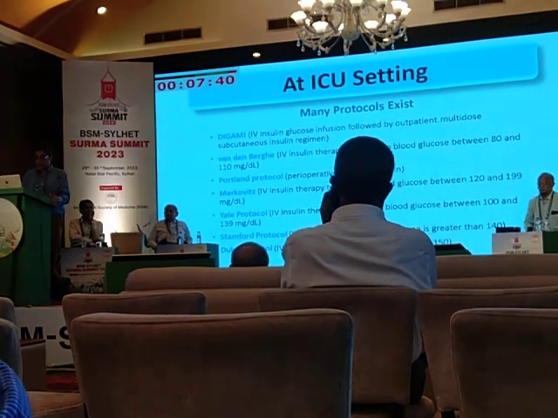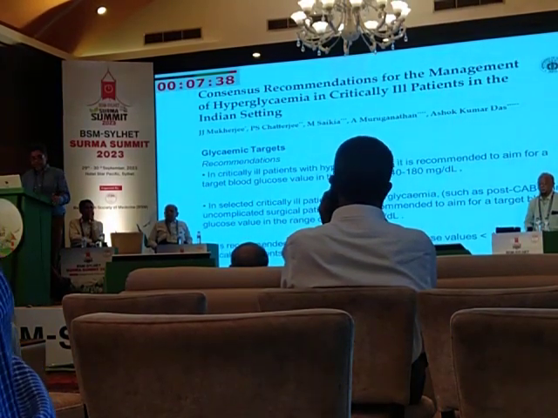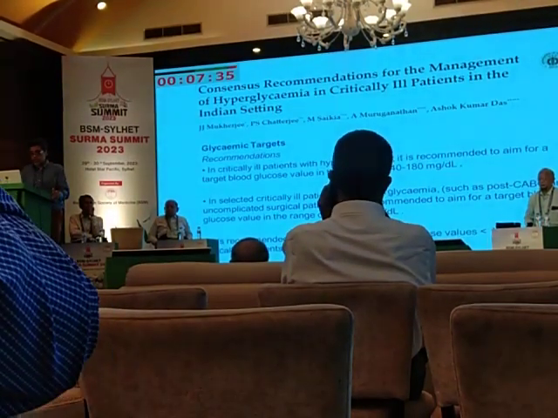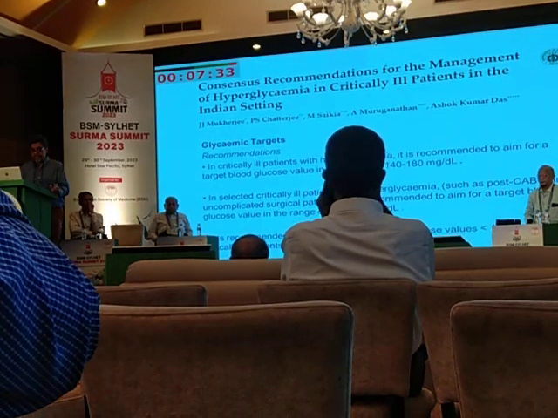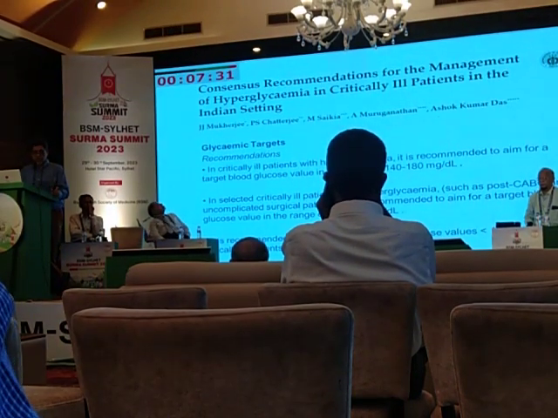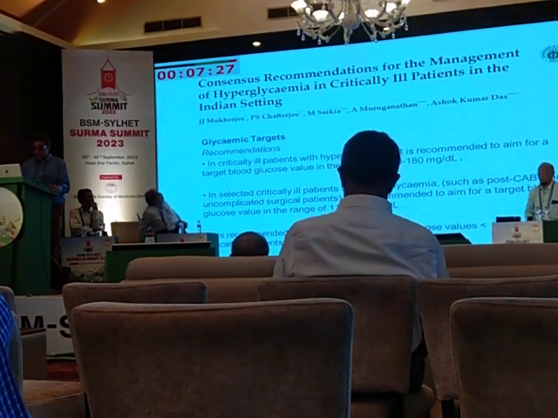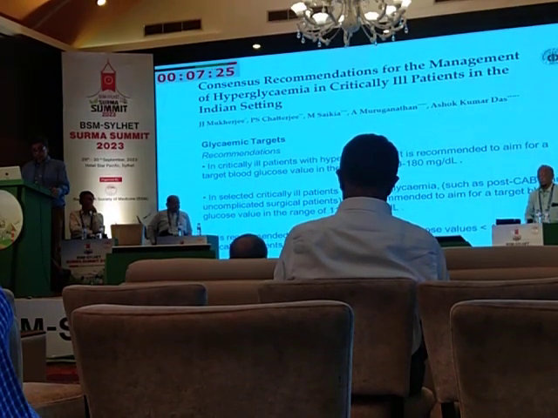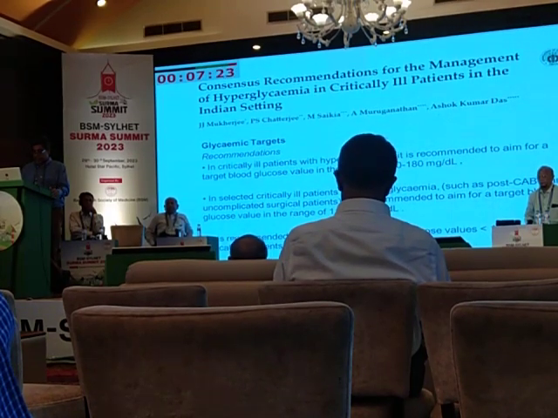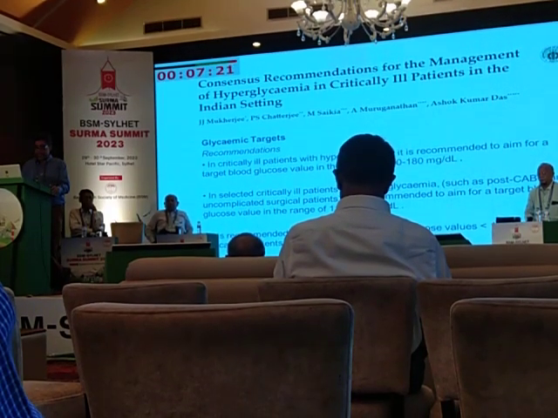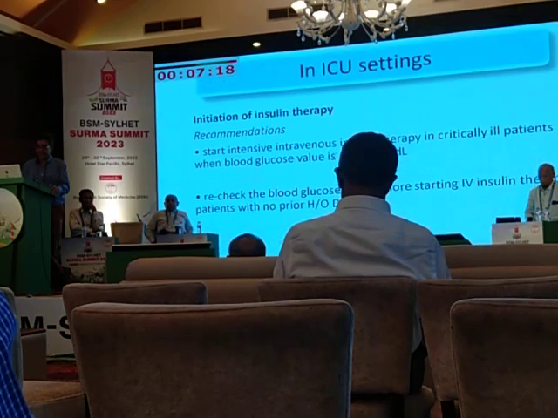A lot of protocols. But considering our neighbor country India, with its consensus recommendation for the management of hyperglycemia in the critical patient in the Indian setting, the recommended goal is 140 to 180 milligram per dl. It is not recommended to keep the average blood glucose level less than 110 milligram per dl in the critical patient with hyperglycemia.